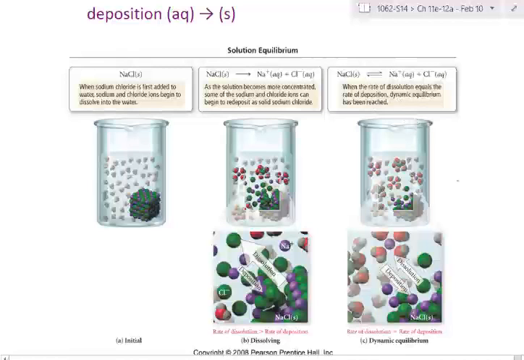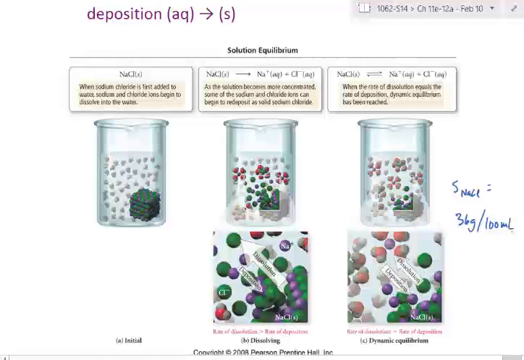And for sodium chloride, that happens at 36 grams per 100 milliliters. So a solubility value is essentially the concentration of the solute that is dissolved at the point that the dissolving and the redepositing are happening at the same rate.